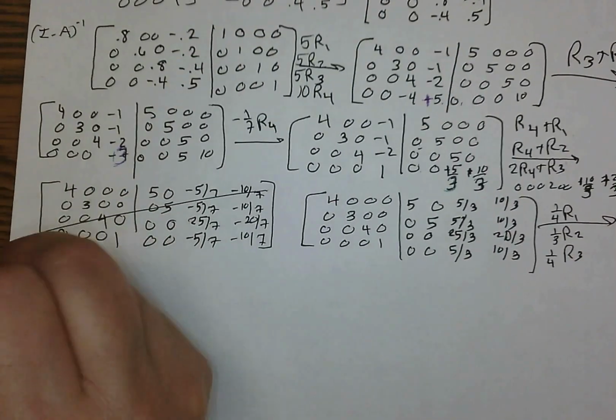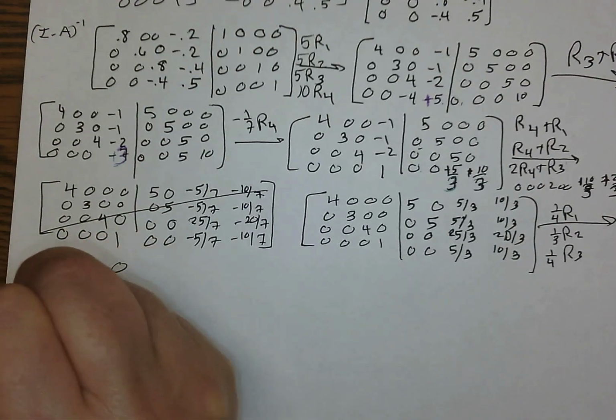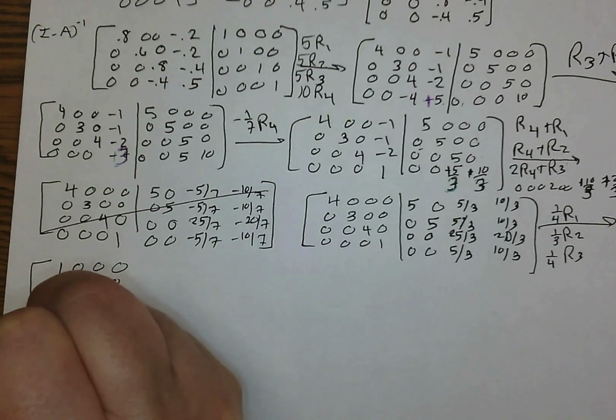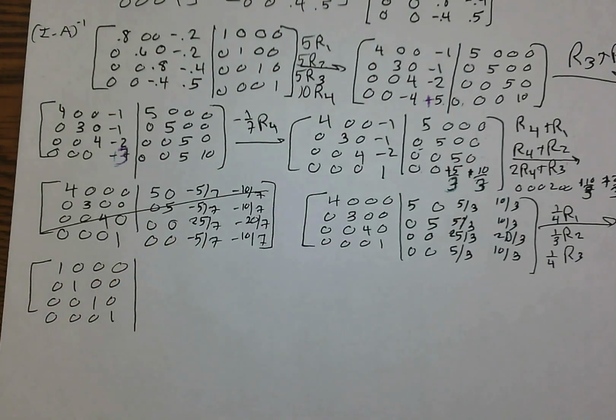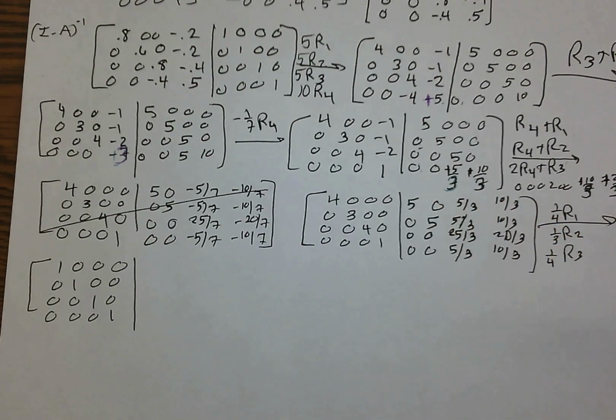So when we're done, on the left side we have the identity. Oftentimes I put that down first, because I know that the move I made will turn these into 1s. I'm confident about that. But the right side, we need to be a little more careful.